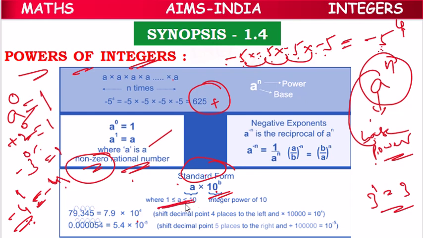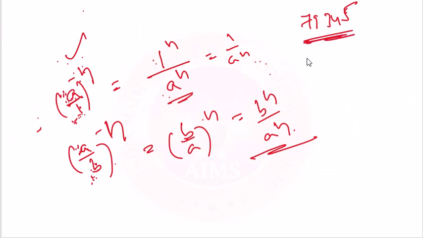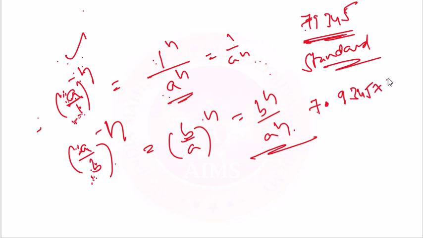If you have a bigger number like this, to write it in standard form, first separate the extreme left digit, which is 7. We can write it as 7.9345 into 10 power 4.